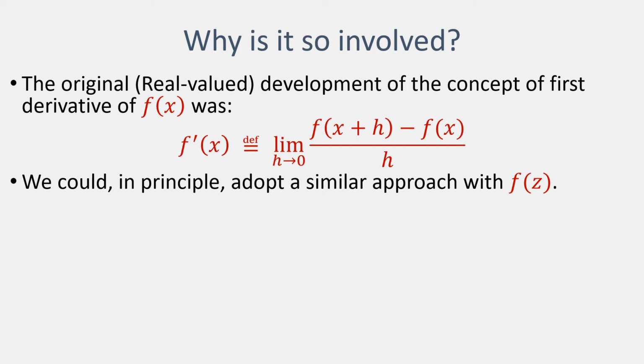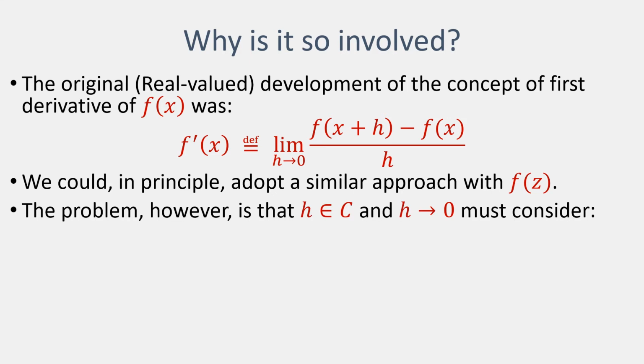And we could try taking the same approach with complex valued functions. And when we do that, we run into a problem, because if this value h is a complex number and we're looking at how it approaches zero, then we have to consider how the real part approaches zero and how the imaginary part approaches zero.